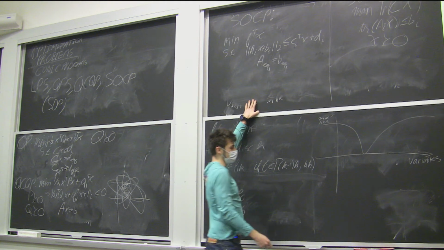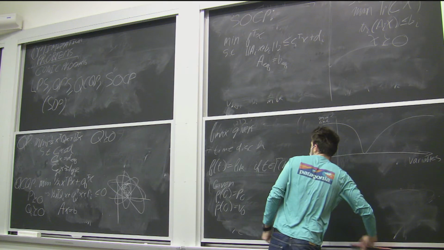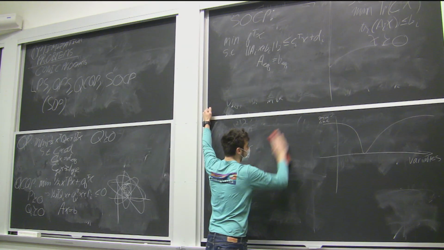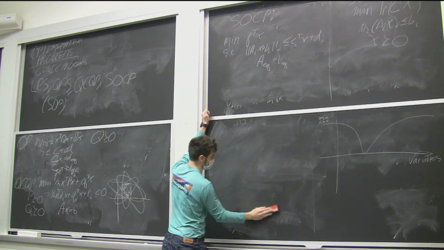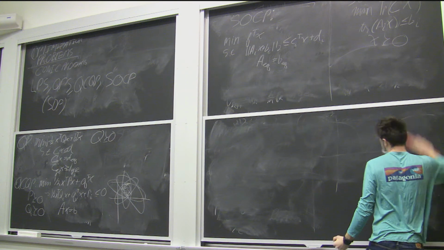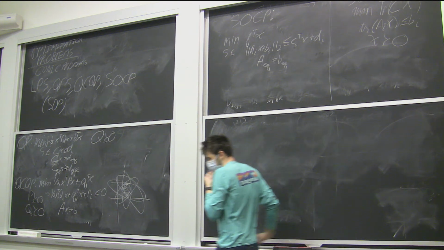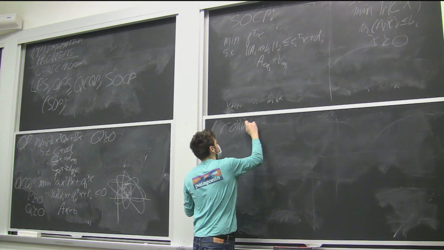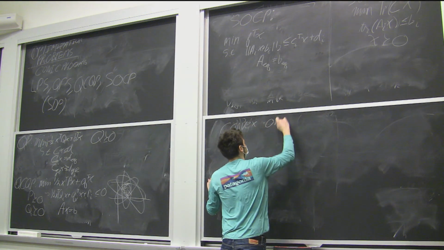The reason Boyd introduces SDP in his book at the same time as all these other problems is that you kind of have the space of convex optimization.